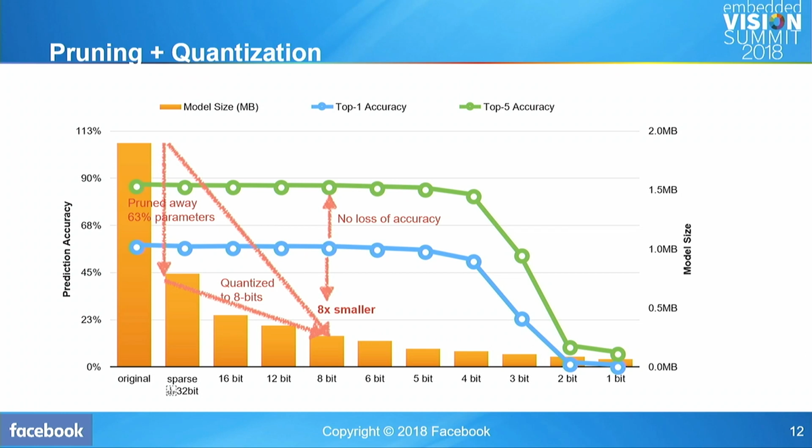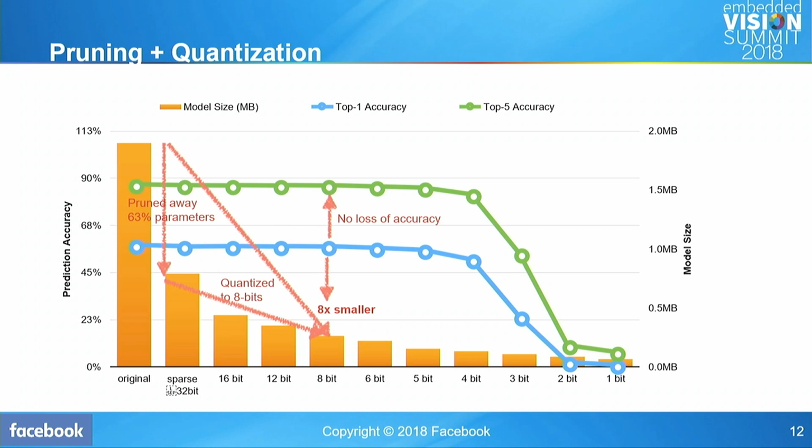In this case, in a very small network, we were able to prune away 63% of the parameters and do quantization during the training by 8 times, producing an 8 times smaller network. Here on the x-axis, you can see the quantization bits and the information stored, and on the y-axis is the top accuracy compared to the full model.